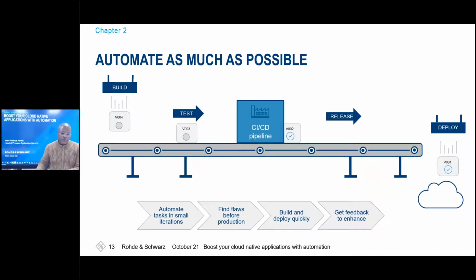Then you go to the release, then to the deployment phase. In all of those different phases, you are able to integrate security in order to improve your application, and together with the release of each iteration of your application, release a better version of your application, including security.